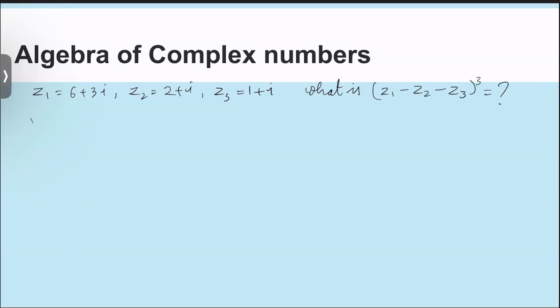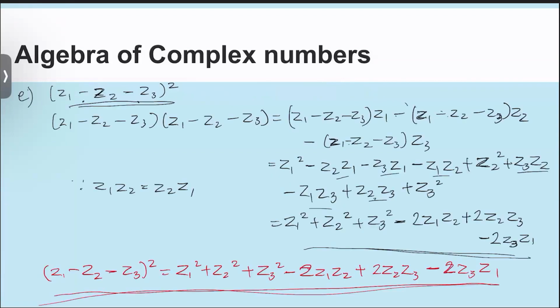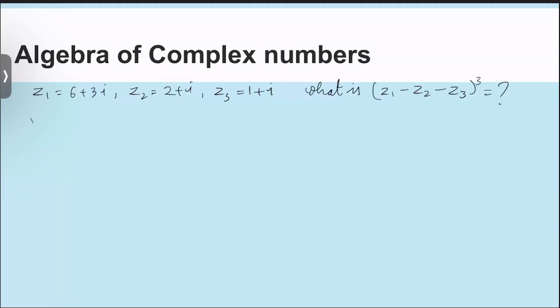We will use this identity. So we have Z1 squared plus Z2 squared plus Z3 squared minus 2 Z1 Z2 plus 2 Z2 Z3 and minus 2 Z3 Z1. So we'll quickly write it in the expanded form itself. So you have Z1 squared plus you have Z2 squared and plus you have Z3 squared.